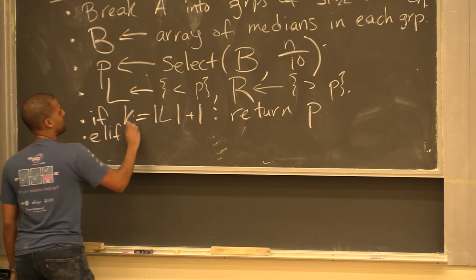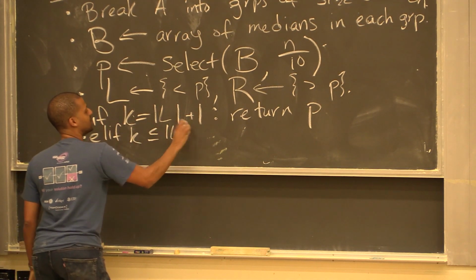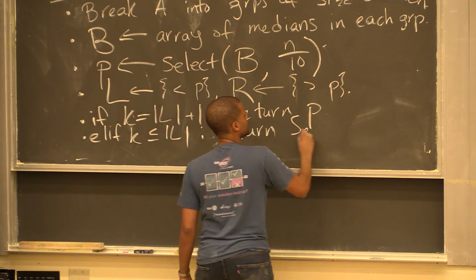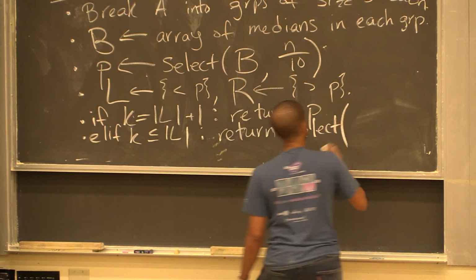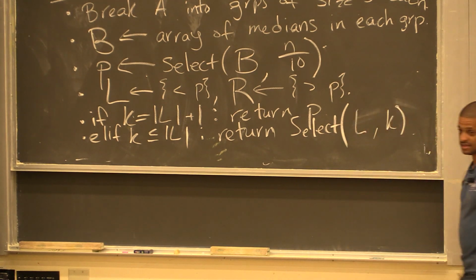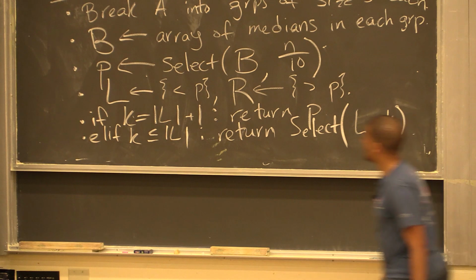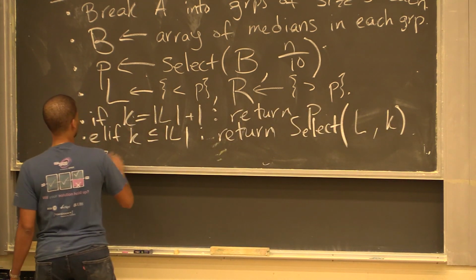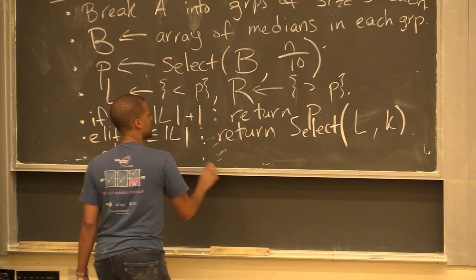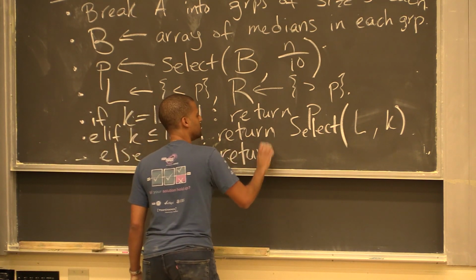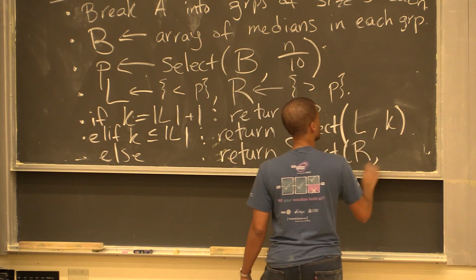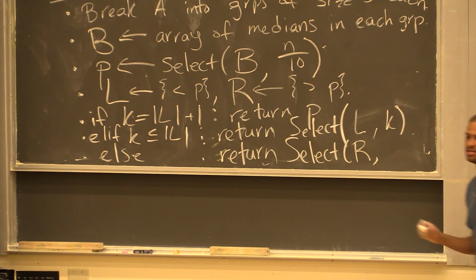Otherwise, if K is less than or equal to L, return select L, K. Otherwise, that means K is bigger than L plus 1. Otherwise, I'm going to return select R, and then K has to change.